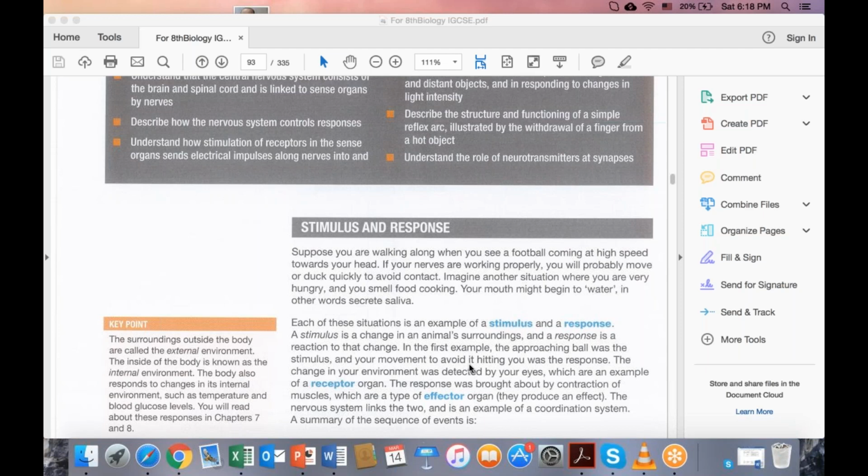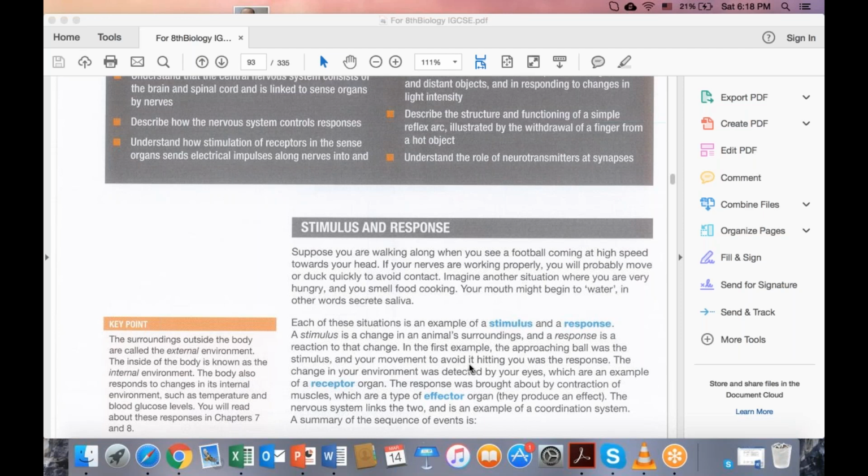It means that we feel any environmental change with the receptors in our internal and external organs, and we analyze this stimulus in our brain. We decide whether it is dangerous, good, or bad, and then we send a message back from our brain to the effector.